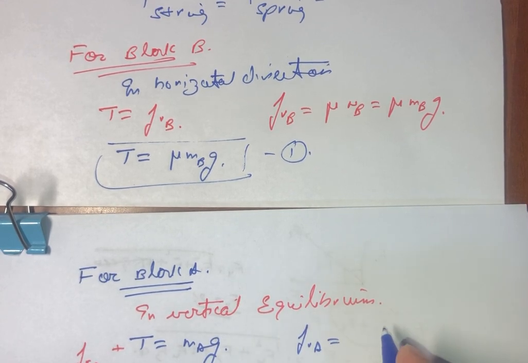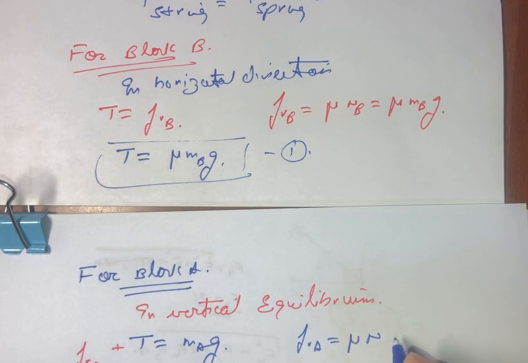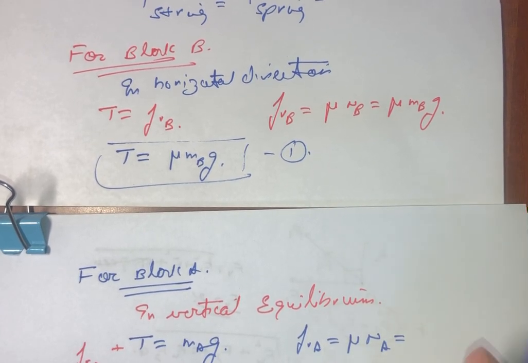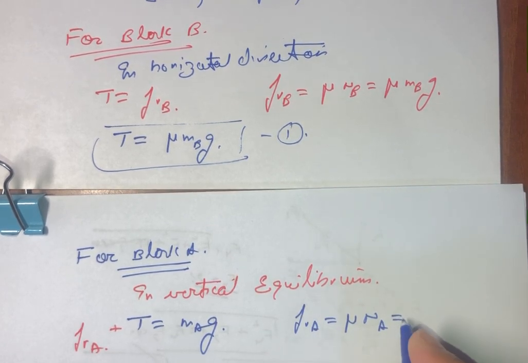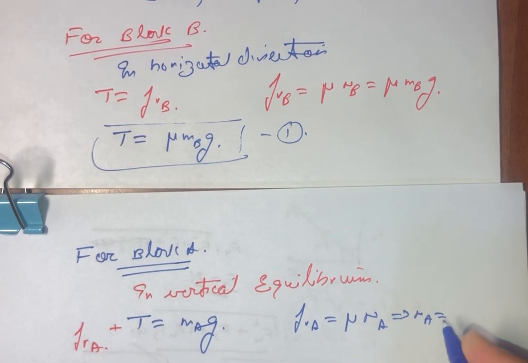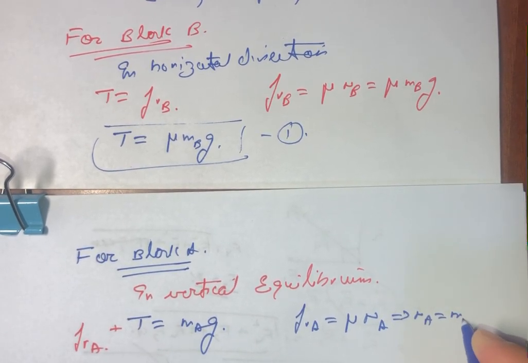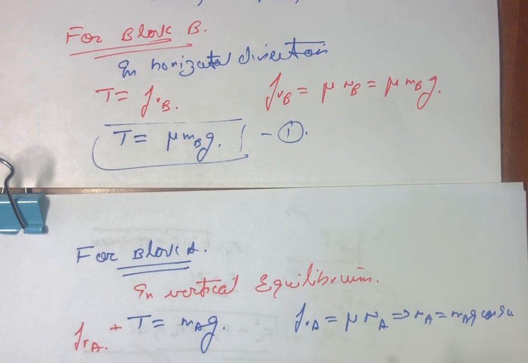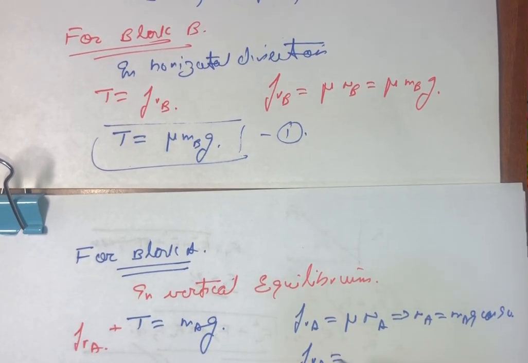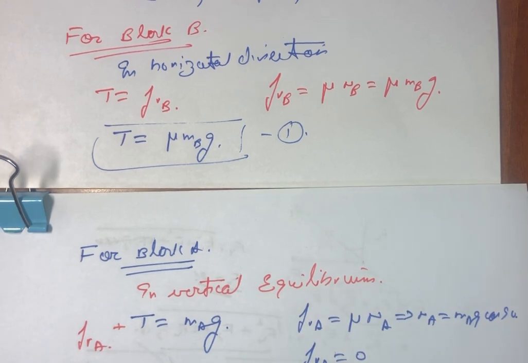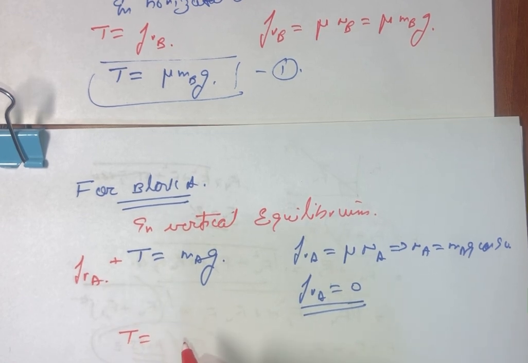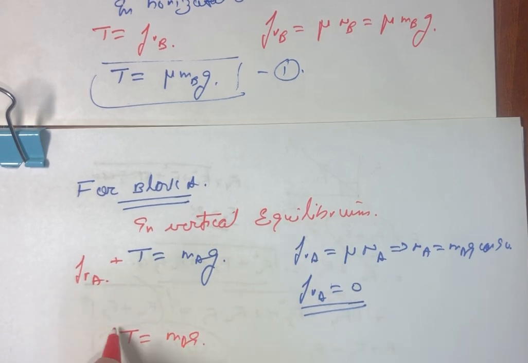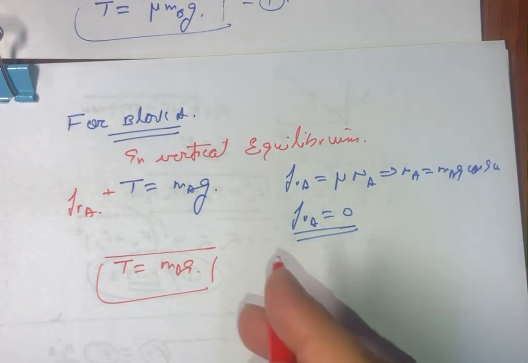FRA will be equal to mu into NA, where NA will be equal to MAG cos of 90. So from here we can say FRA will be equal to 0. Therefore, we can summarize this equation: T is equal to MAG. Let us call this equation 2.